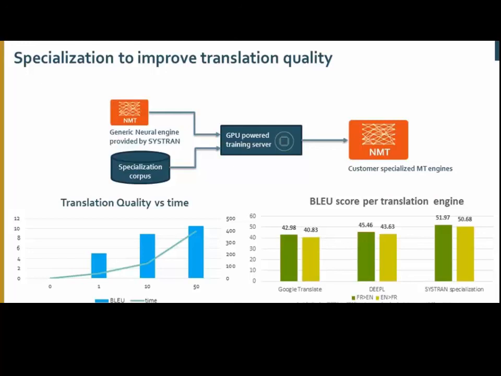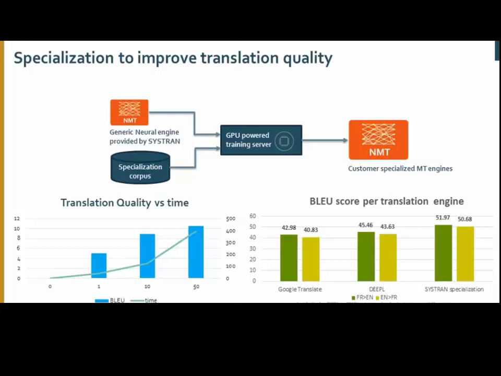Then with this neural technology, what is great is we have the ability to inject data from the customers, or very in-domain data, into the machine, and the machine is going to learn and improve the translation based on the learning of this specific data. So it's very strong.